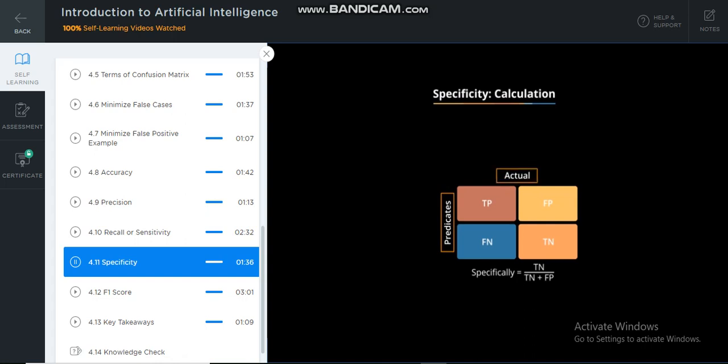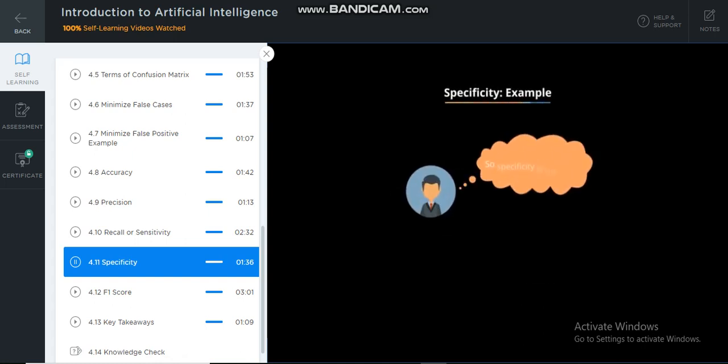The actual negatives, which are people actually not having cancer, are false positives and true negatives. And the people diagnosed by us as not having cancer are true negatives. Here, you should take note that false positives is included because the person did not have cancer even though the model predicted otherwise. You might notice that specificity is the exact opposite of recall.